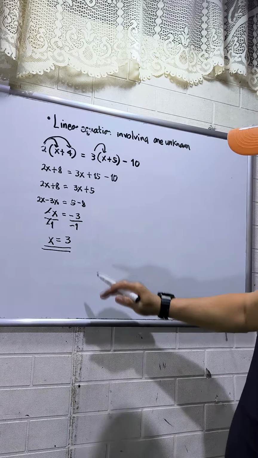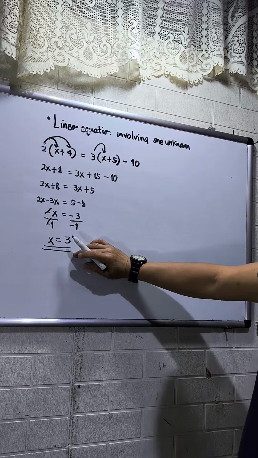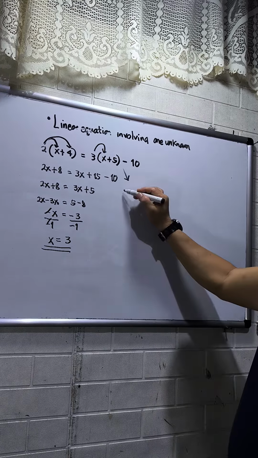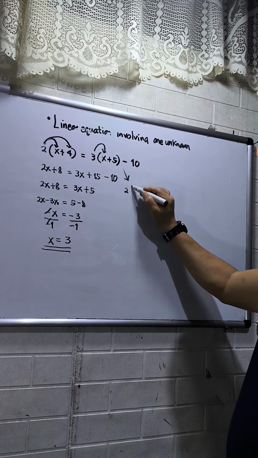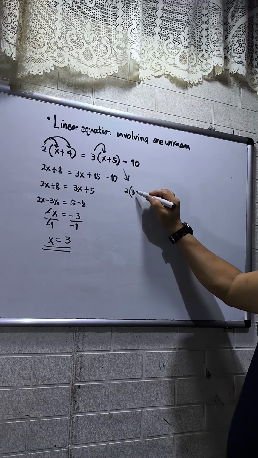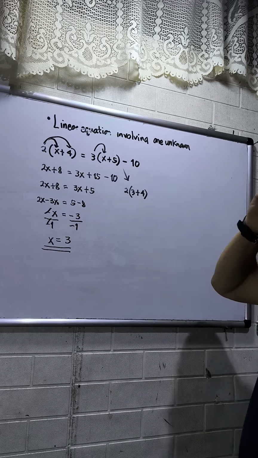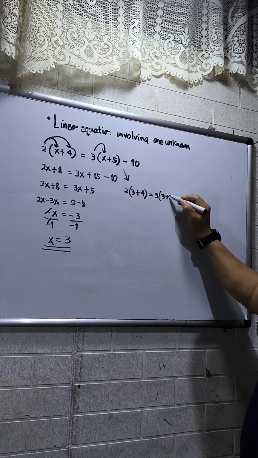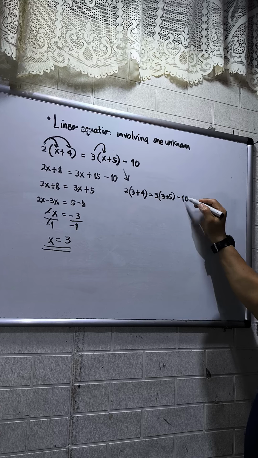Okay? So I will prove that x equals 3 is correct. So I will plug it into the given equation. So this will be 2 times 3 plus 4 is equal to 3 times 3 plus 5, then minus 10.